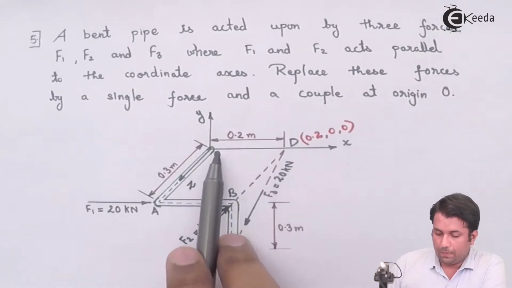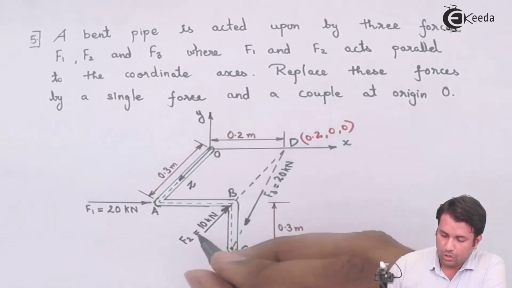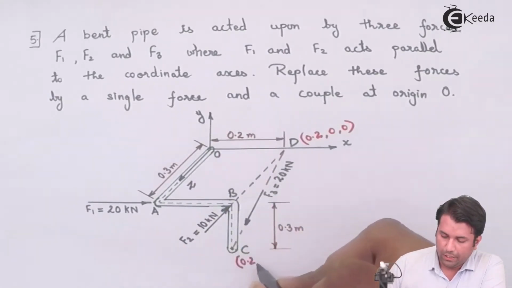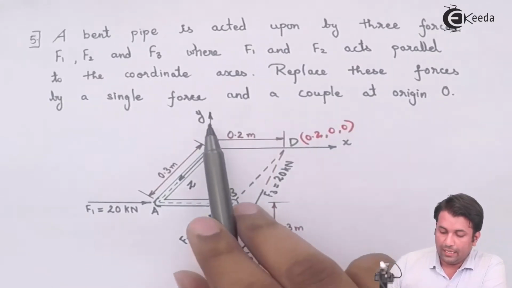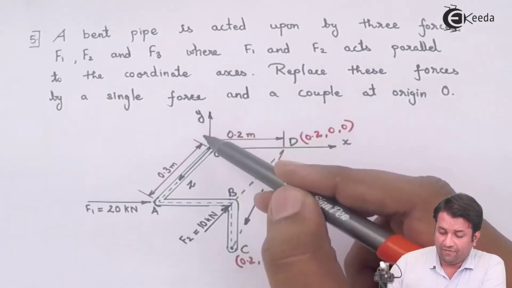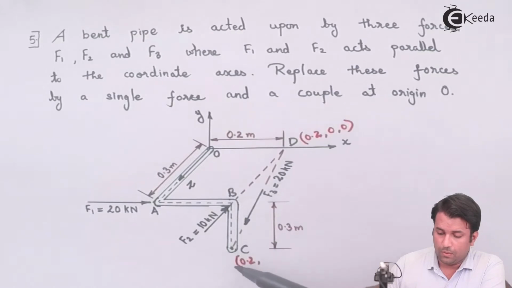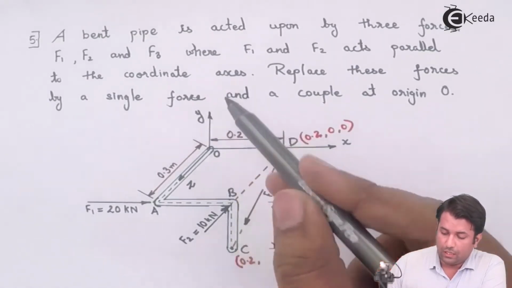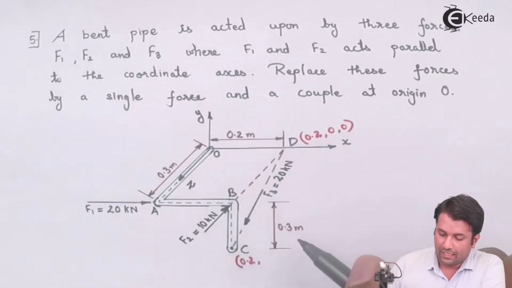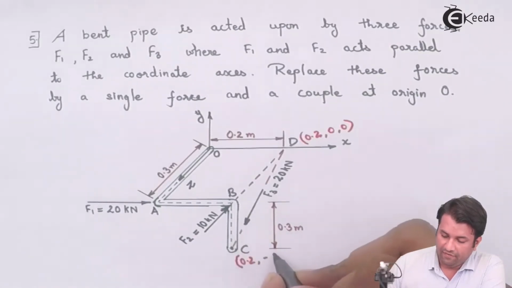It is on the positive side of the x-axis, so that will be 0.2. It is on the negative side of the y-axis, that means it is going down, so this distance will be 0.3 but negative.